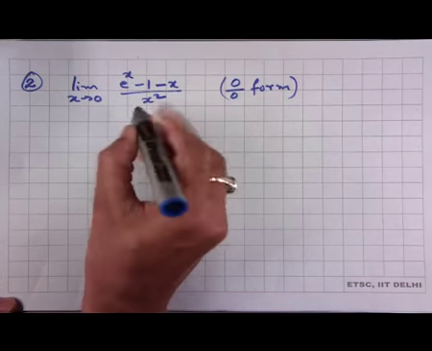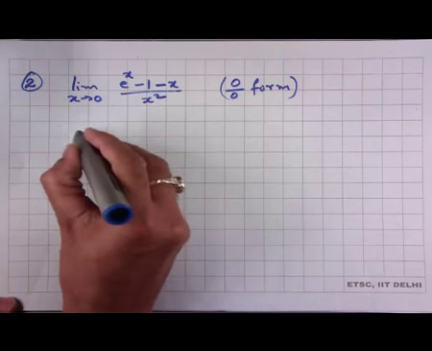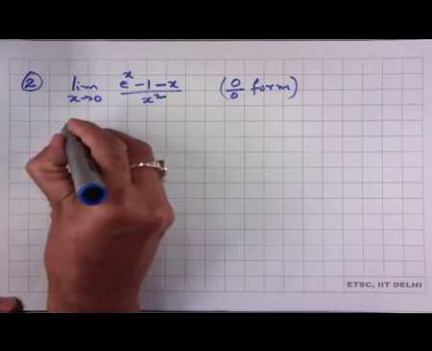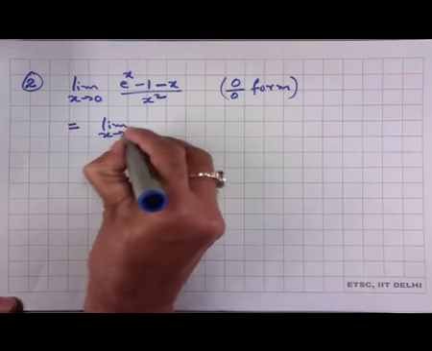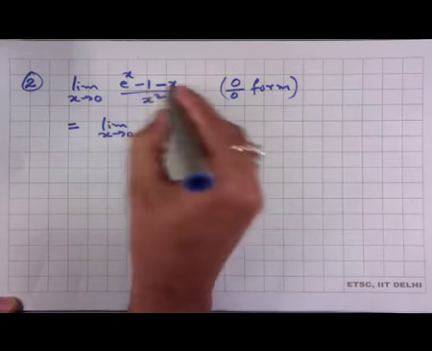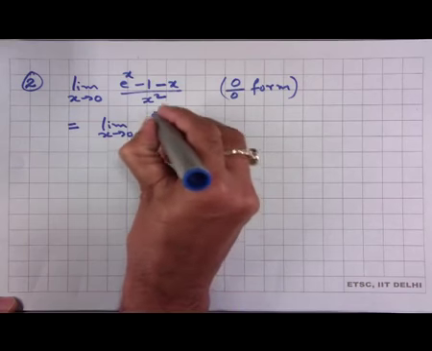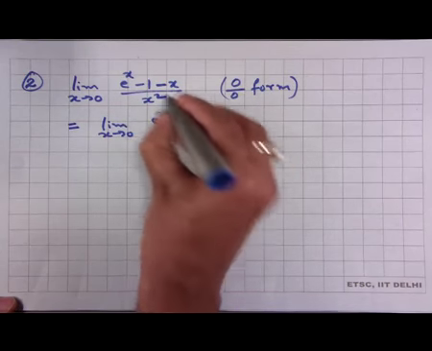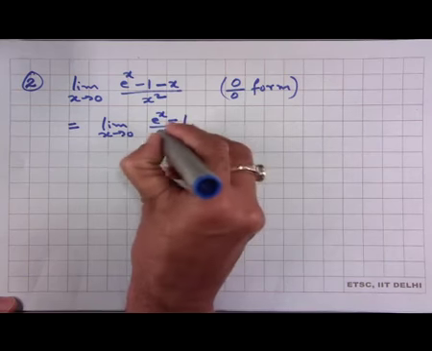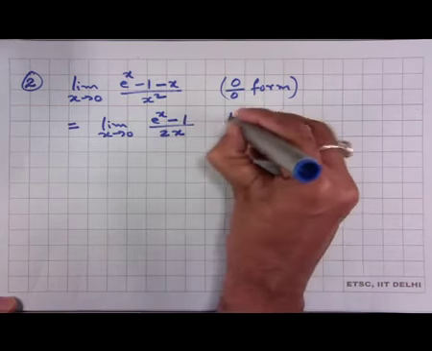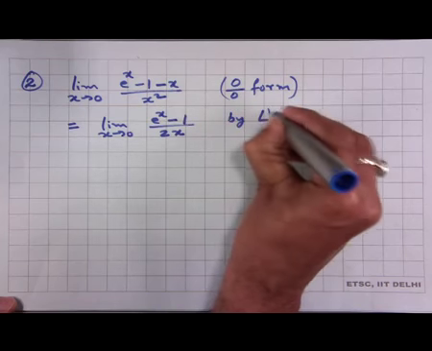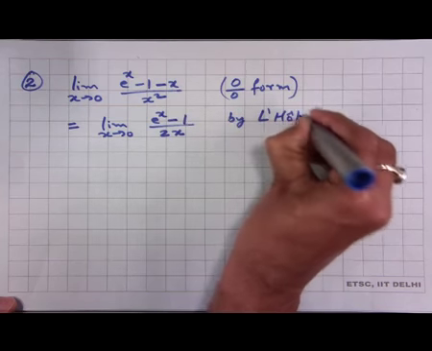So, by applying L'Hopital rule, this is equal to the limit as x goes to 0 of the derivative of the numerator, that will give e to the x minus 1, divided by 2x. This is by using L'Hopital rule.